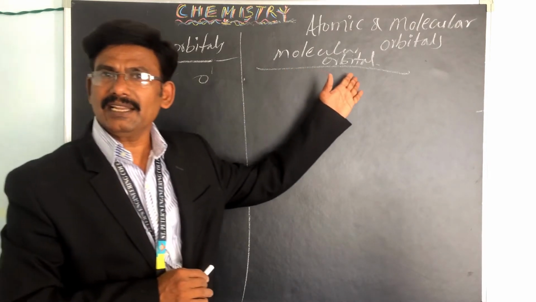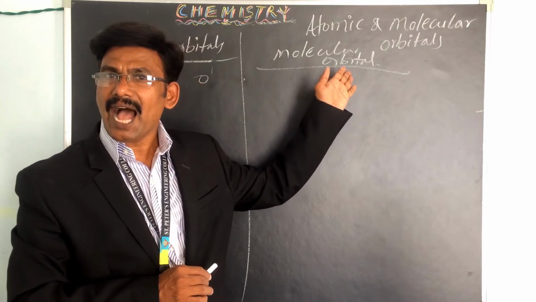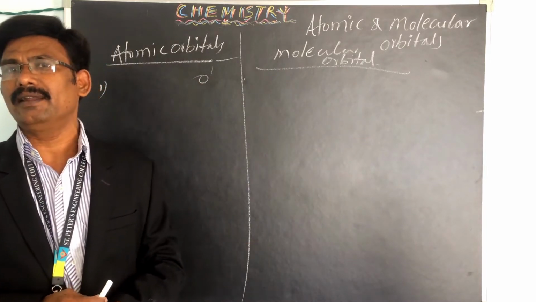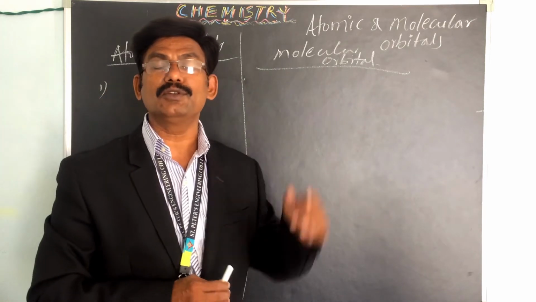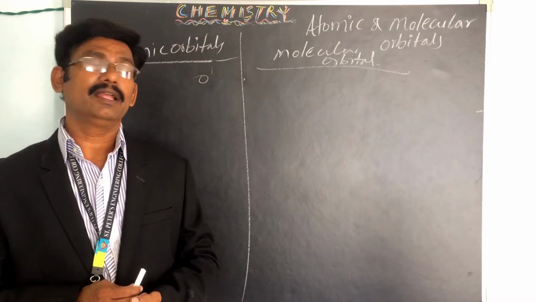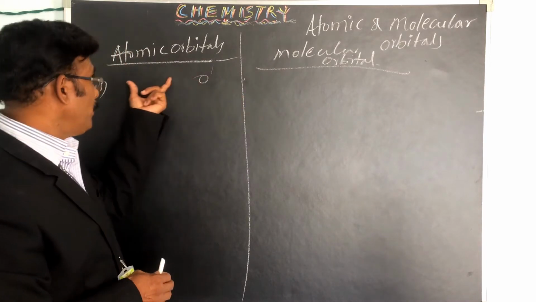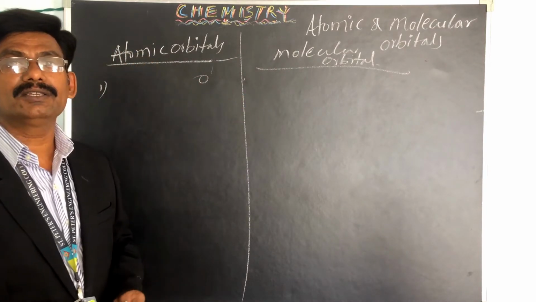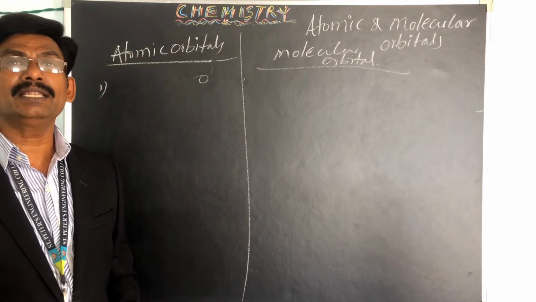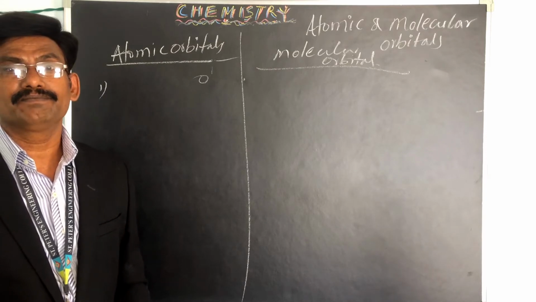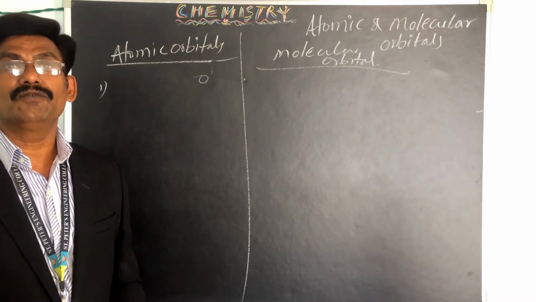But here, a region where there is the highest probability of finding an electron in a molecule is known as a molecular orbital. That is one difference you have to write. At least 5 differences we have to write.